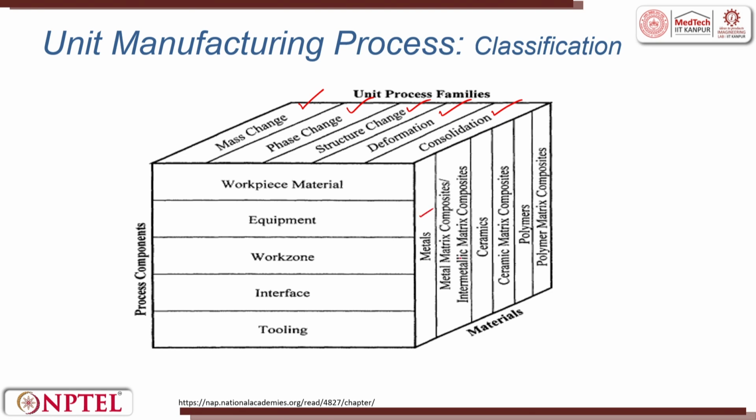Material could be metals, composites, ceramics, or maybe ceramic matrix composites, polymers, or maybe polymer matrices as well. Then there are certain different process components that we are using. For example, workpiece material, equipment, work zone, interface tooling. So what specifically are we going to focus upon when we are talking about our life cycle assessment goal? We can pick out of these.